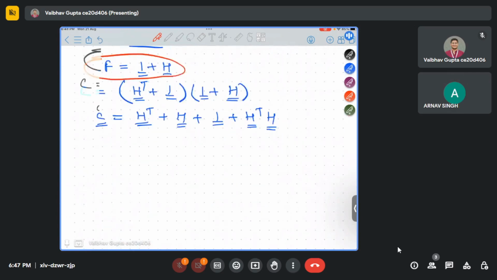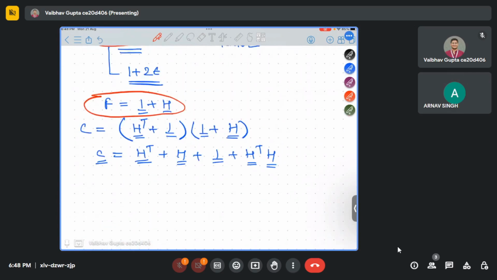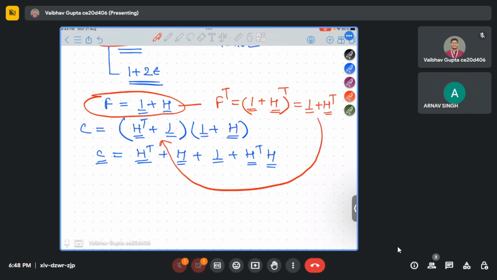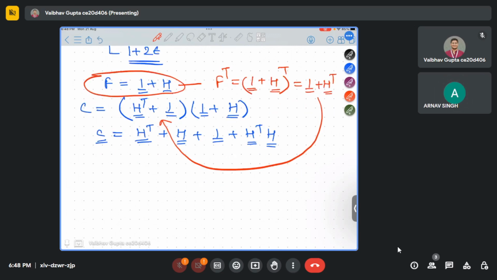So if you put this in F transpose F, the transpose of F is I plus H transpose, and the transpose of I is I only. Multiply by F. Now see the order terms.